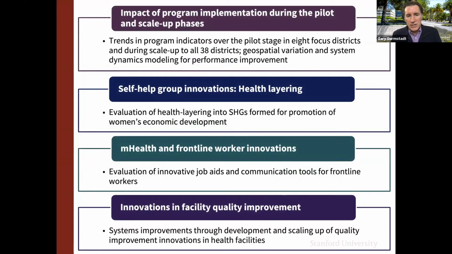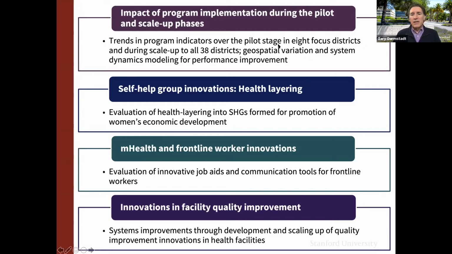Today, we'll be presenting to you quickly an overview of what all was accomplished, what kind of changes did we see in indicators over the course of the program. We'll be looking into a couple of bright lights of the program, the self-help groups innovations and the mHealth interventions. We won't have time to go into facility quality improvement. Would love to come back and talk with you about that massive effort going on there, a lot of innovation.